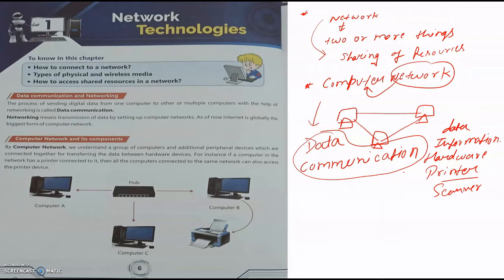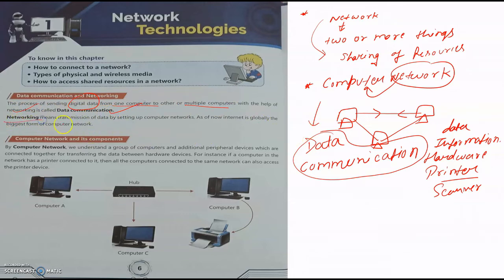A collection of computers connected with each other for sharing of resources like data, information, hardware, printer, scanner. And all these things, what are they doing? They are doing data communication, by sending data from one end to another end, or receiving data. The process of sending digital data from one computer to multiple computers with the help of networking is known as data communication.